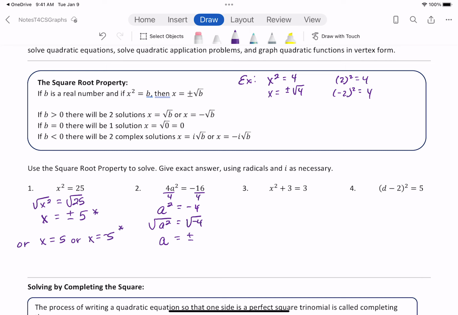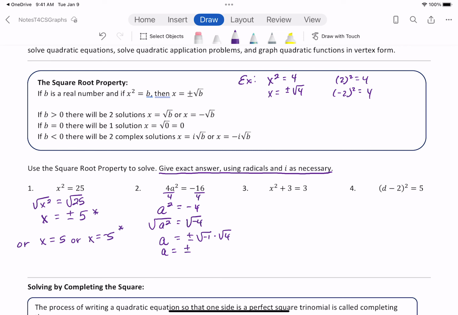So if we were confined to the real number system, we would have to say this equation had no solutions. But if you look at the directions, it says give exact answer using radicals and i as necessary. So that tells me that the complex system is allowed. So if you remember from the last test, we can rewrite the square root of negative 4 as the square root of negative 1 times the square root of 4.